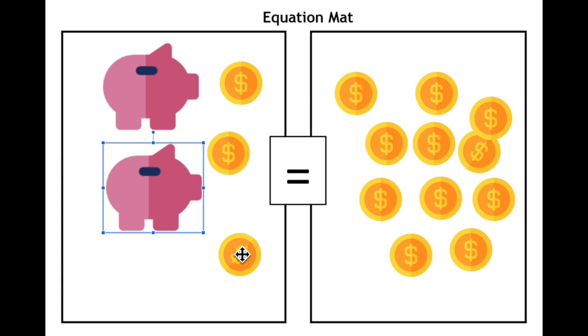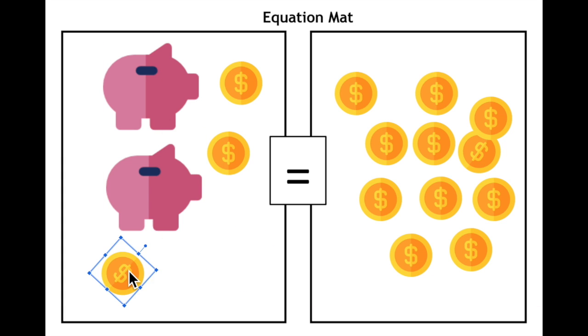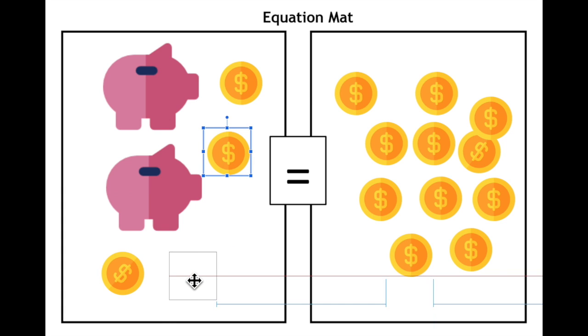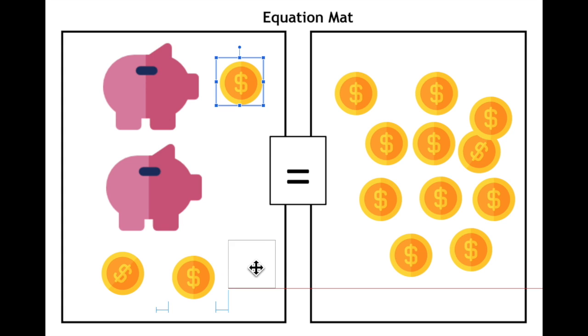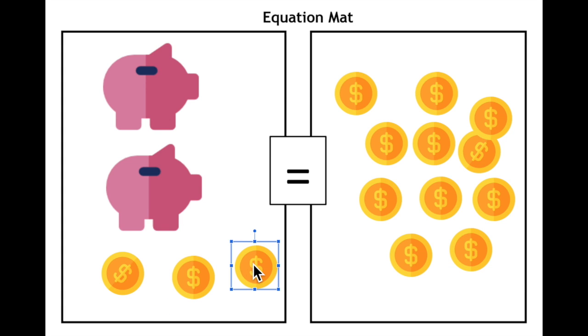And then I have these 3 coins out here just kind of hanging out. It's the pesky little coins. Okay, well, I know that this is even, so I know I would have to divide these up into 2, but I have these 3 extra ones here.